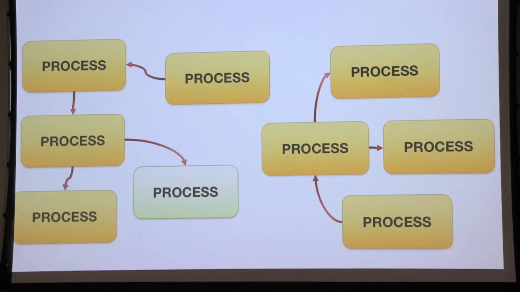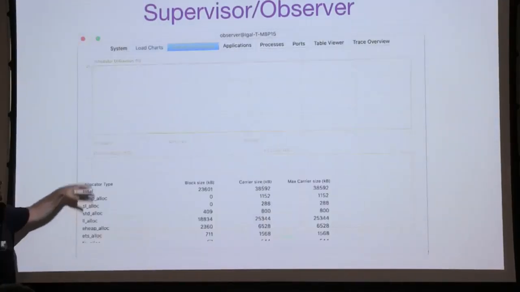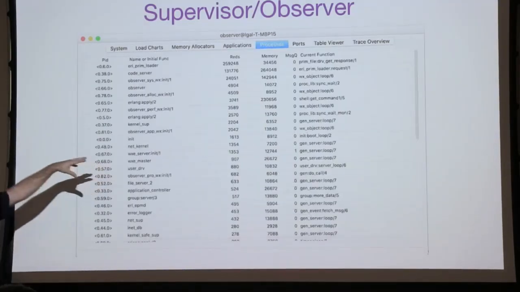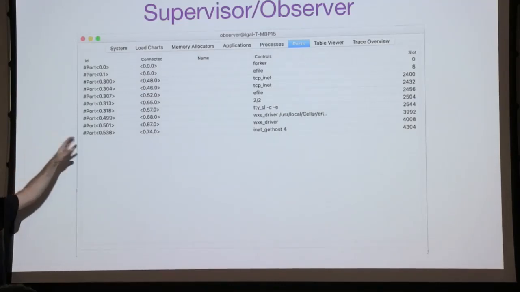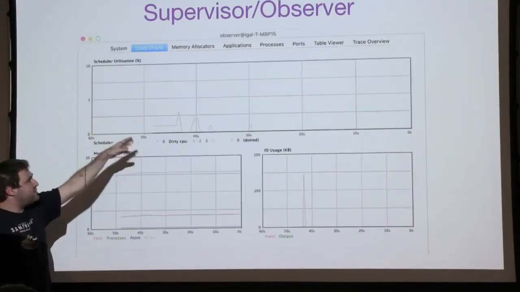And it is all handled by the system called the supervisor and the observer, which controls it. This is a tool that Erlang VM comes with that shows you all kinds of information about the system, like loads and number of processes, and you can manage things.